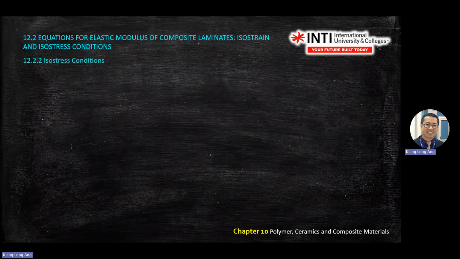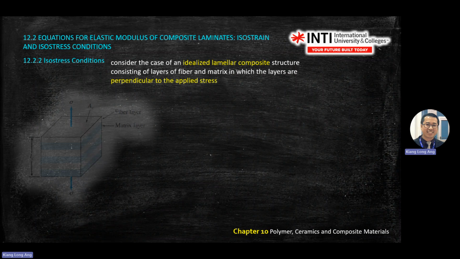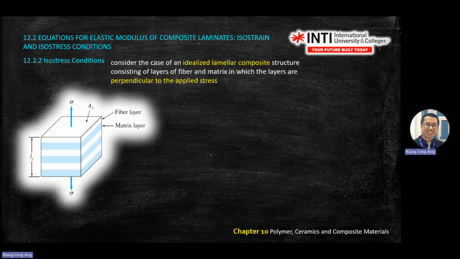The next one is called isostress, which is a new thing for today. So isostress, if you look at the diagram, is actually another orientation. The layer orientation is different now. Just now, isostrain was vertical, but now isostress is horizontal. The layer is horizontal.